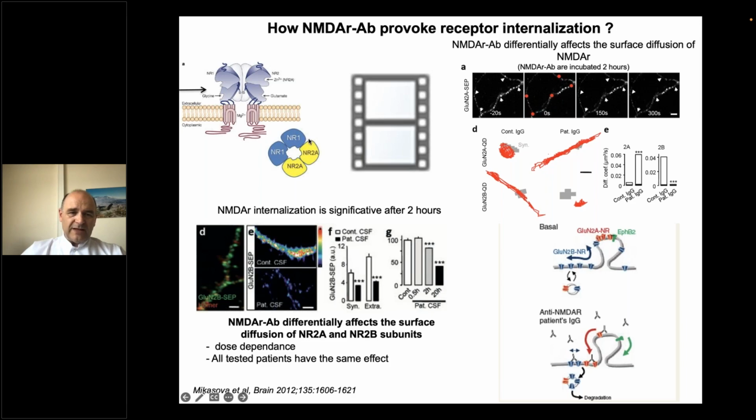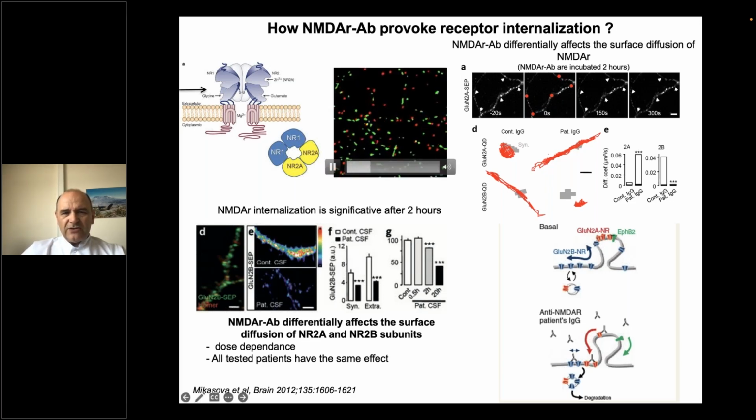You know that the NMDA receptor has 4 different subunits, 2 NR1 and 2 NR2A, B, C, or D, depending on the receptor. And so with Laurent Groc, in 2012, we performed different studies in neuronal culture. You can see a neuronal culture with the staining of the synapse in green and NMDA receptors in red. And we were able to measure the movement of the receptors, for example, sometimes in the synapse and sometimes outside the synapse.